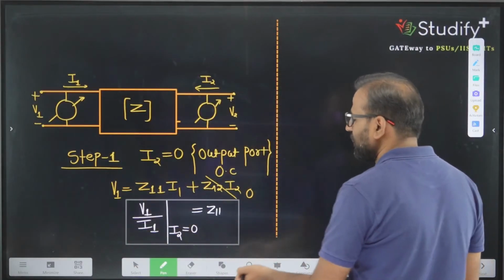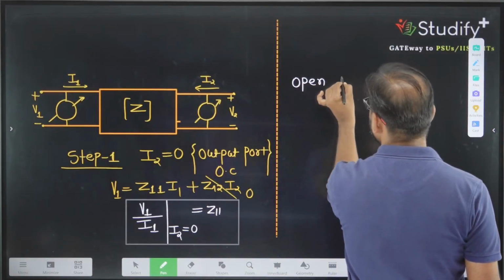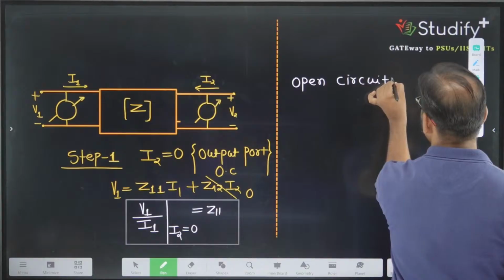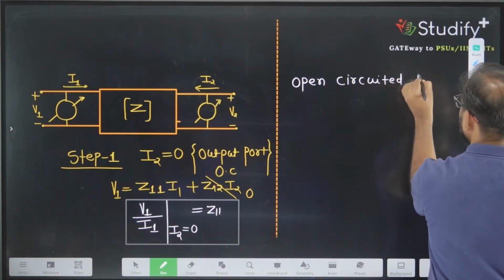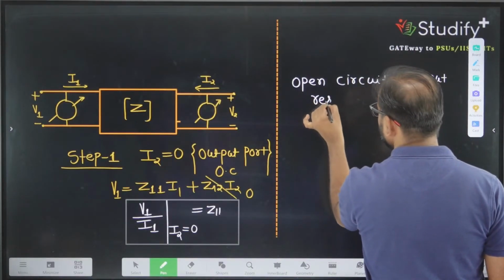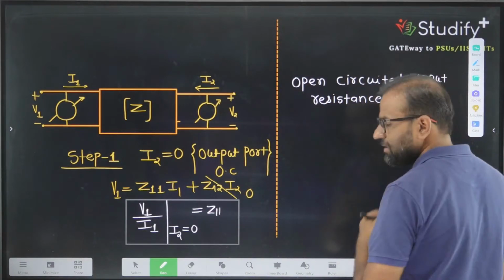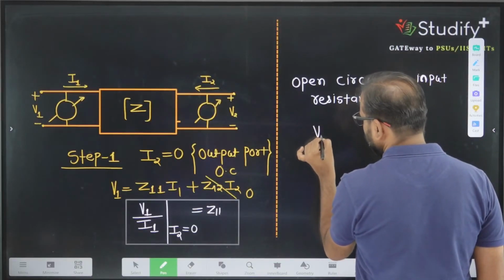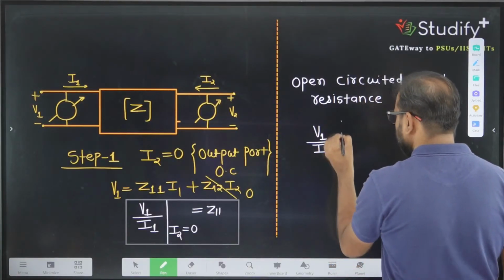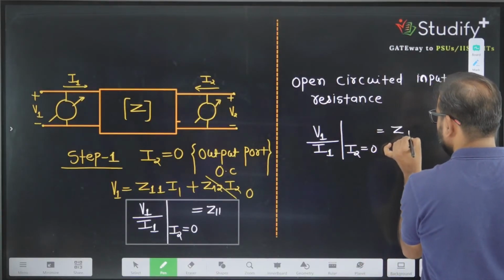So you can call it driving point impedance or open circuited input resistance, and that parameter is known as Z11. Always remember, Z11 is the ratio of V1 and I1, V1 divided by I1 by making I2 equal to 0.